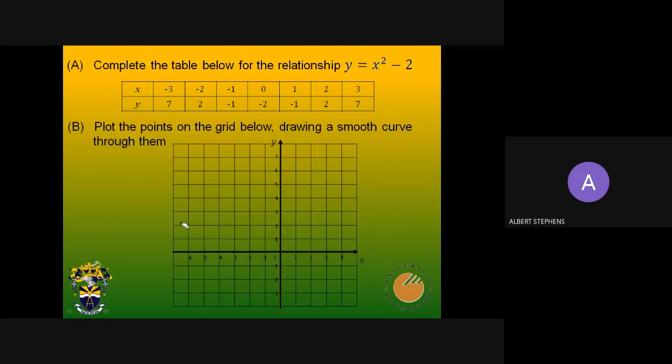All right. So set up a grid like that, and I want you to plot those points. You have 7 points for you to plot.